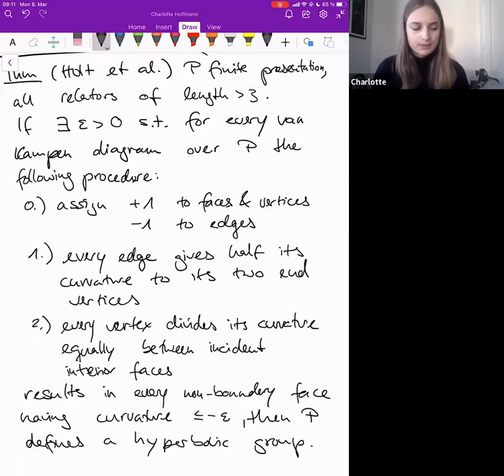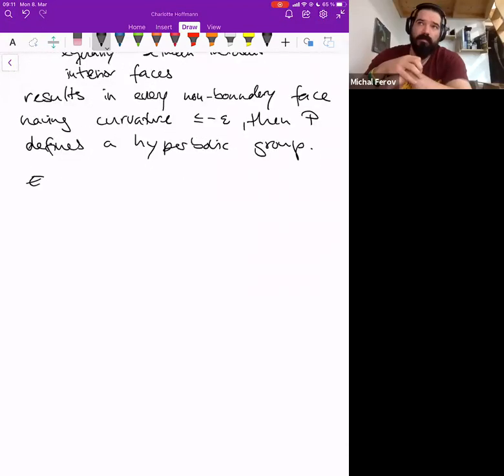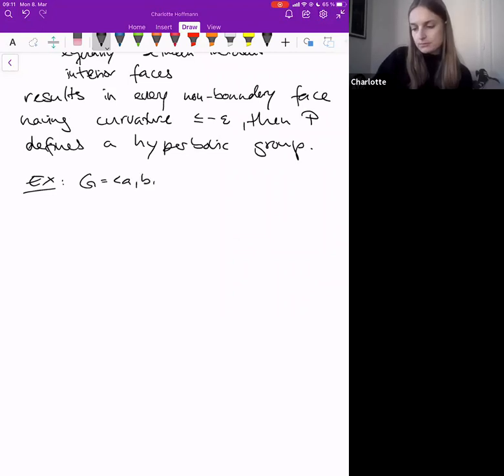So this description is maybe a little bit abstract, so I will show you a concrete example of how this proceeds. Let's take this group here on the generators A, B, C, and then I have this relator.